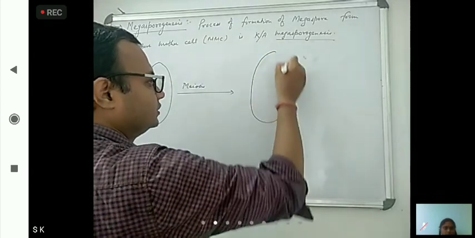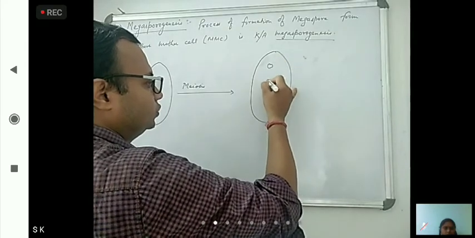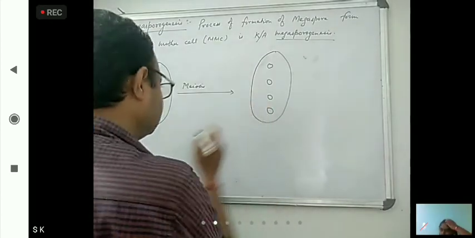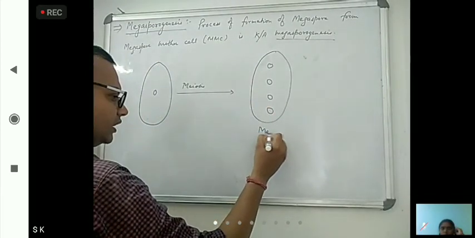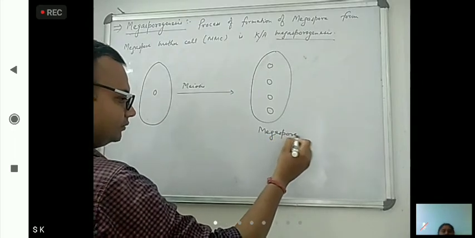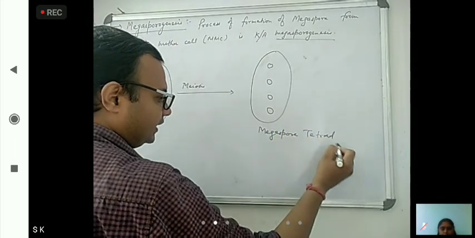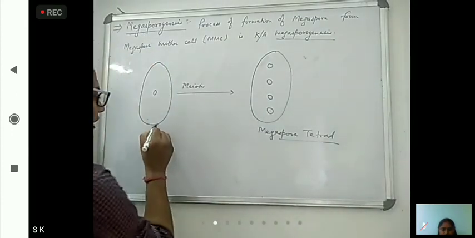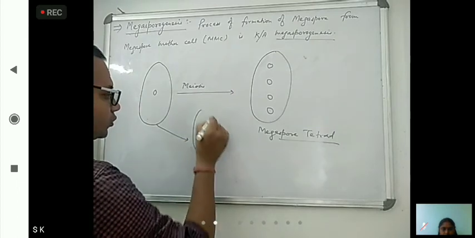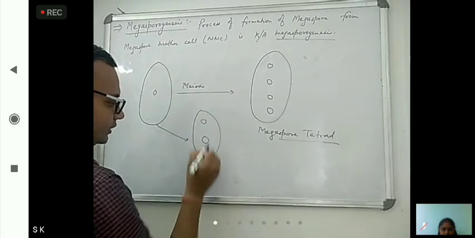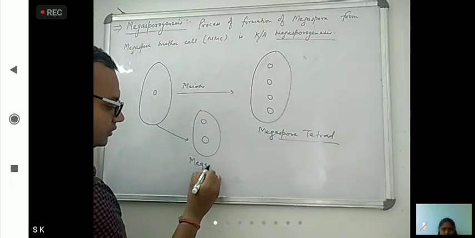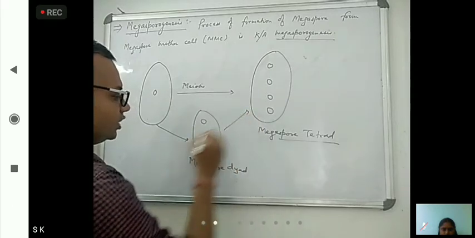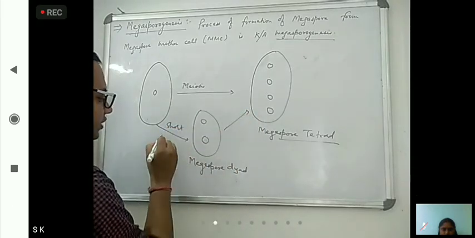So 1, 2, 3, 4. This is known as megaspore tetrad. In between, for some time, it develops into megaspore dyad. It is a very short time.